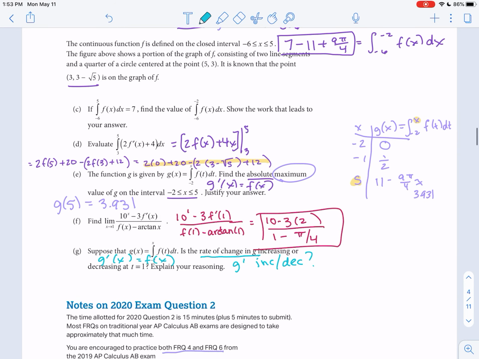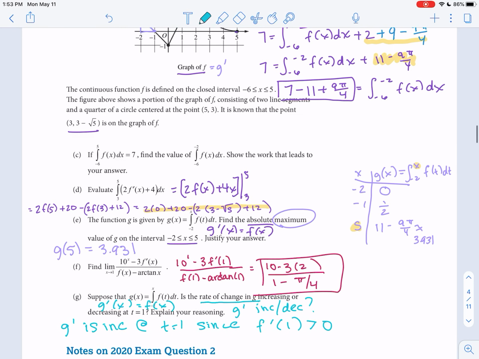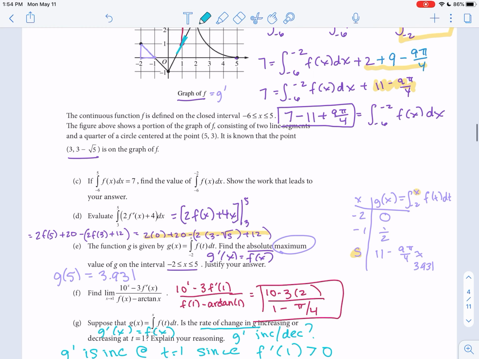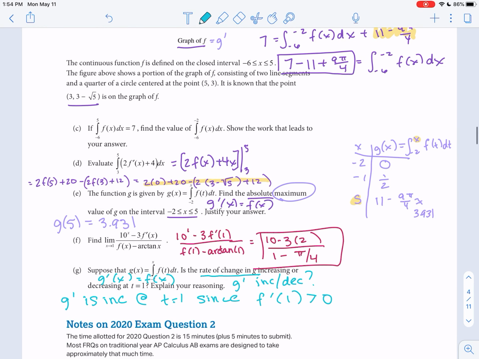So g prime is increasing at t equals 1 since f prime of 1 is positive. The slope of f is positive, so that means f is increasing, and f is the rate of change in g, okay?